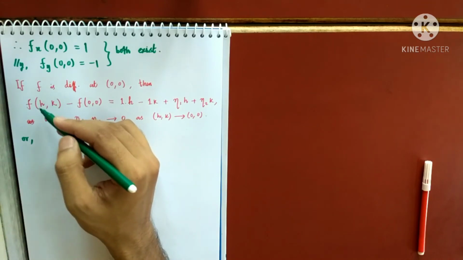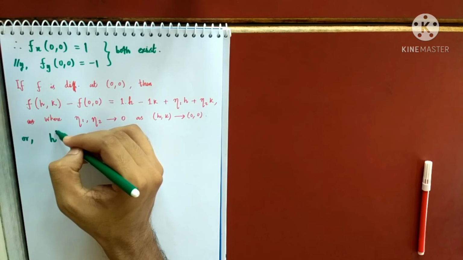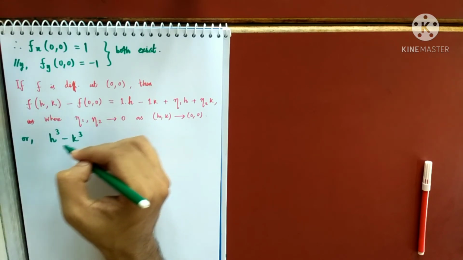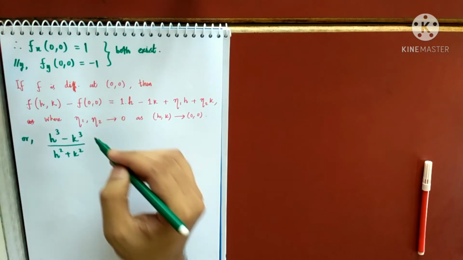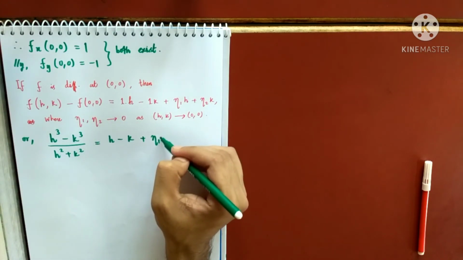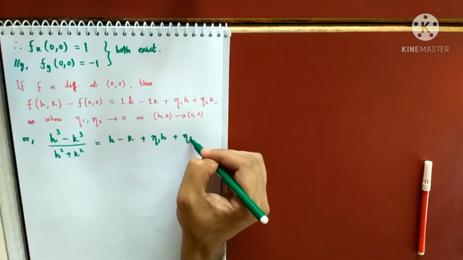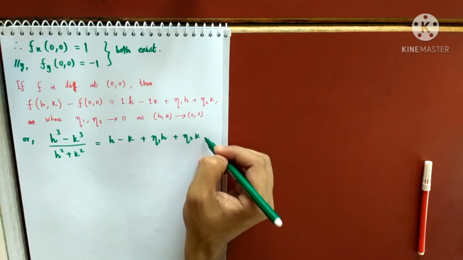Let's apply the definition. What is f of h comma k? Assuming that h and k are not 0, it is h cube minus k cube by h square plus k square. F of 0, 0 is 0. This is h minus k plus eta 1 h plus eta 2 k. Again the same thing about eta 1 and eta 2, I am not writing again and again.